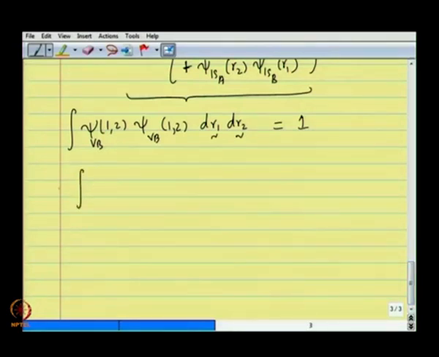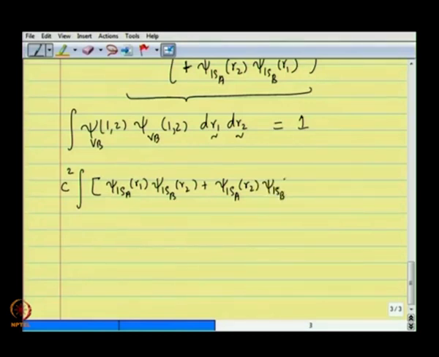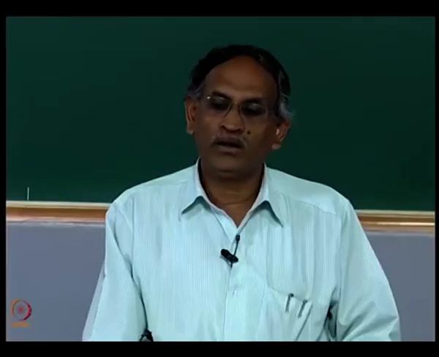Let us write this as c squared times the integral of psi 1s A r1 psi 1s B r2 plus psi 1s A r2 psi 1s B r1, whole square, d r1 d r2, integration over all the three directional coordinates of electron 1 and electron 2.